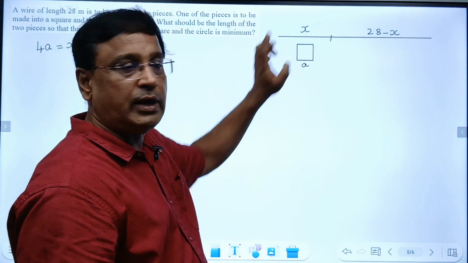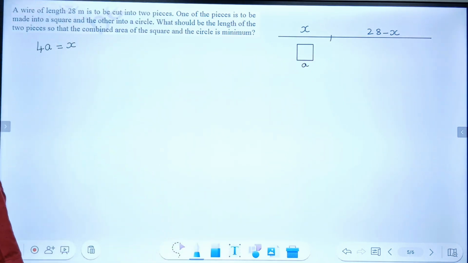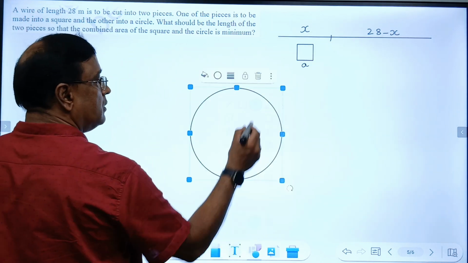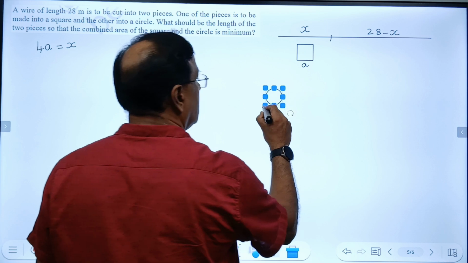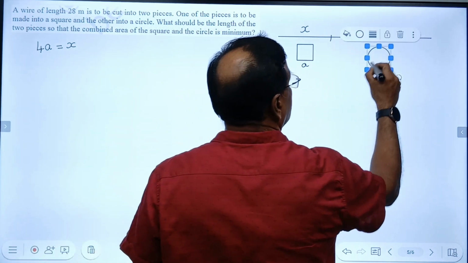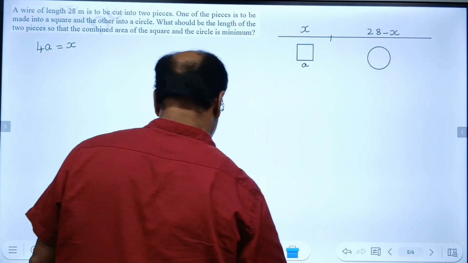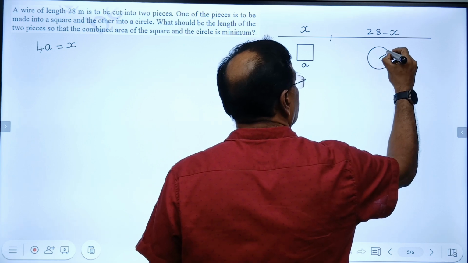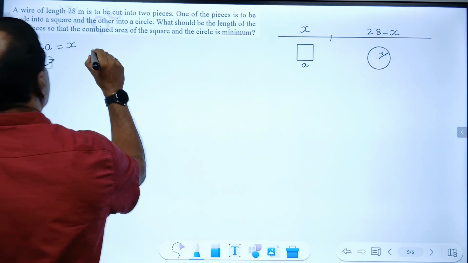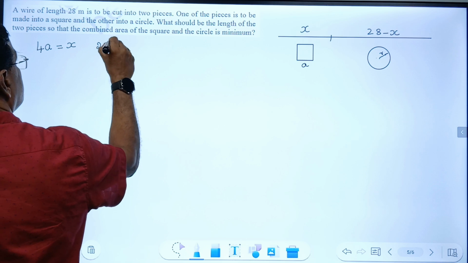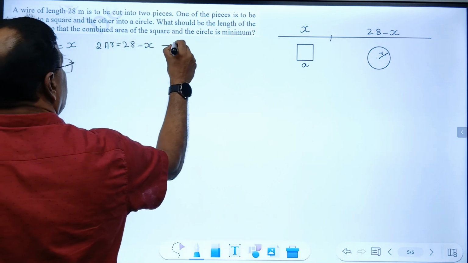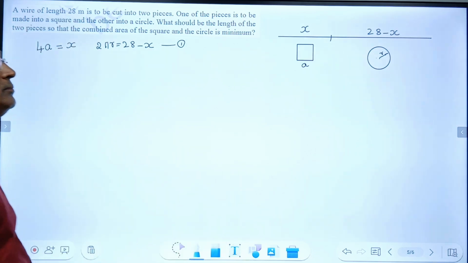So 4a is x. And the other piece is made into a circle. Let this be the radius r. So 2 pi r, the circumference, is nothing but 28 minus x. So this is what is given.